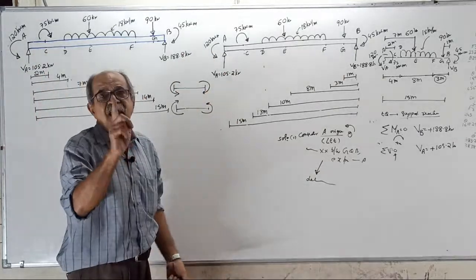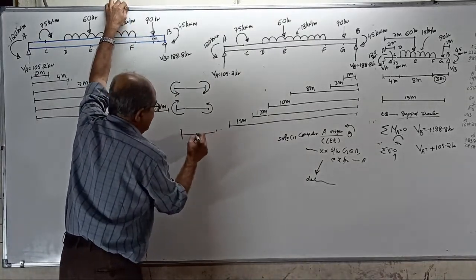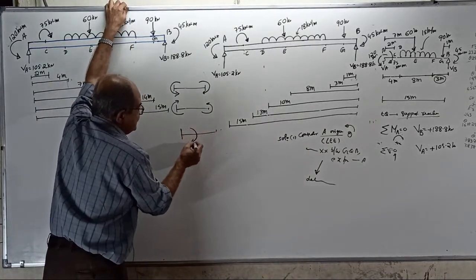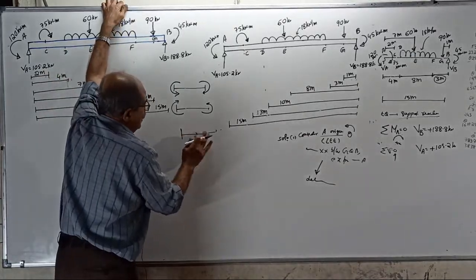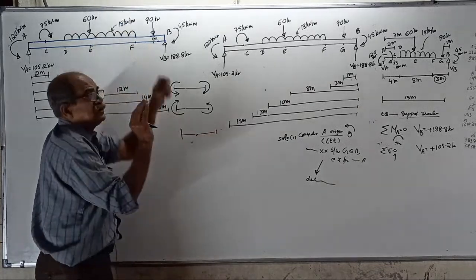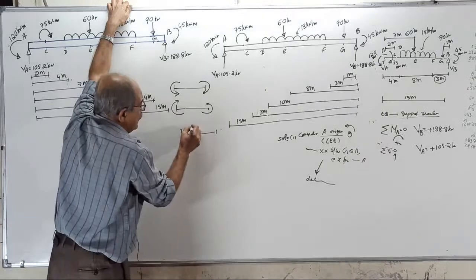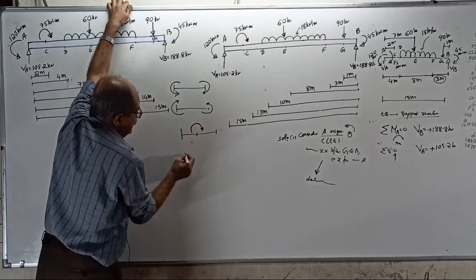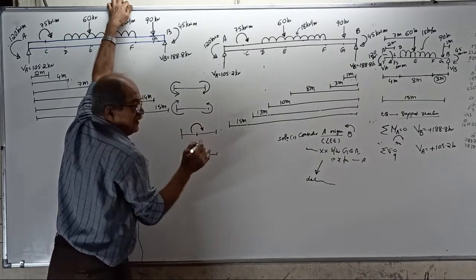Then I told later, in case intermediate couple is given, do not write like this. It will give confusion. So what to do? I told you, for an intermediate point, you write it like this. If clockwise given, write like this. Or if anti-clockwise given, write like this. Remember it or not?